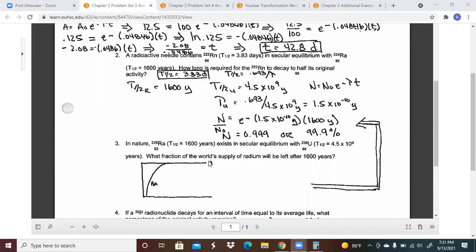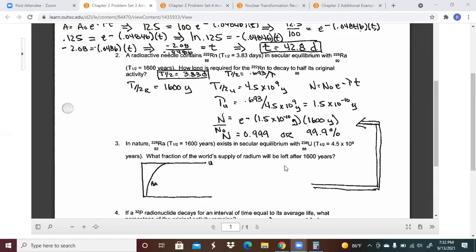Remember, this is when the half-life of this, in this case uranium, is significantly longer than what you have here for the half-life of the daughter product. So again, here in nature, we've got radon-226, which has a half-life of 1600 years. It exists in secular equilibrium with uranium-238.